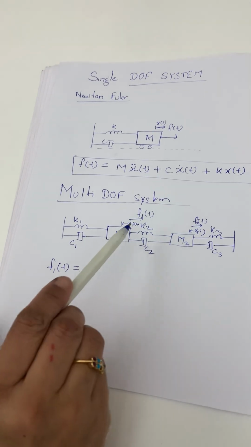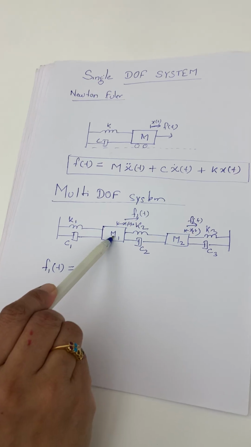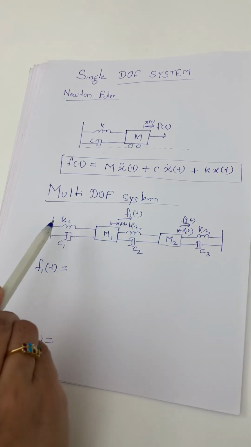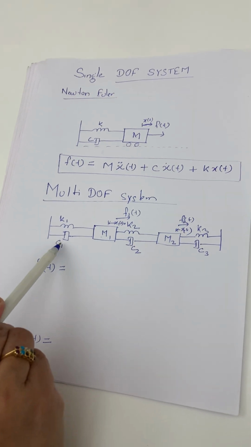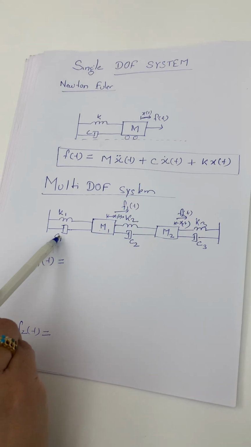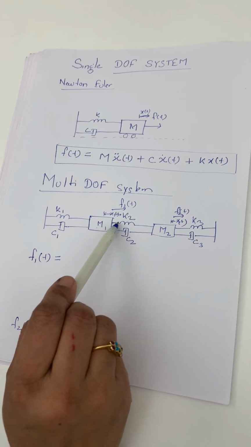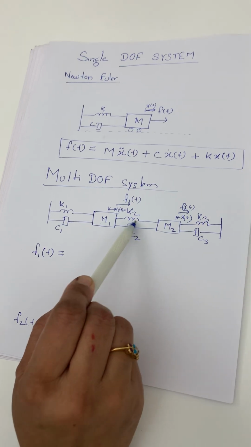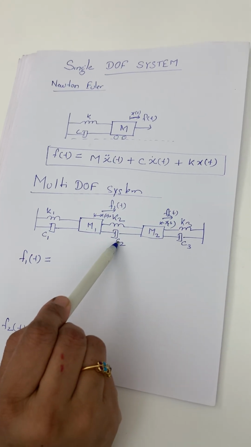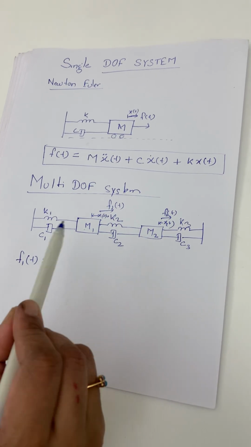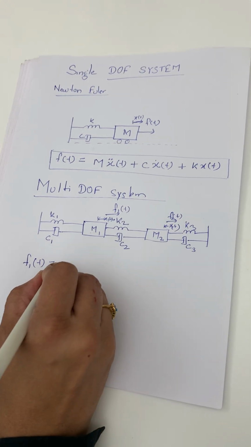One is due to M1, that is the inertial force; one is due to this spring, one is due to this damper. Others are connected with M2, that is this spring and this damper. Okay, so write one by one.